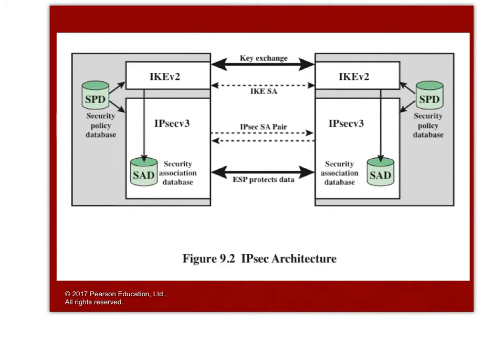Get all the parameters from this security association database to know exactly what the parameters of that tunnel are. So perform the protection for that traffic, and if you need to establish a new security association, then you need to go to IKE, which performs some authentication messages to create a new security association.